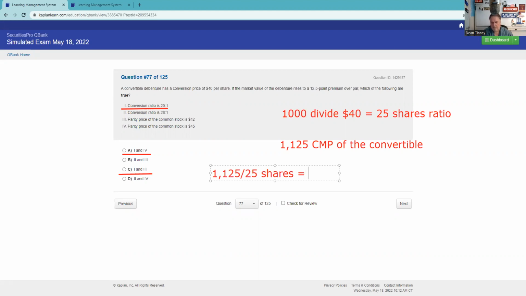I take my calculator, 1,125 divided by 25 shares, and parity is 45. Listen, you've got to be able to do parity on the test. You can't be fumbling around with how to do parity. So now we've established that it's 45, so it's 1 and 4. That's definitely something you're going to have to deal with on your exam.